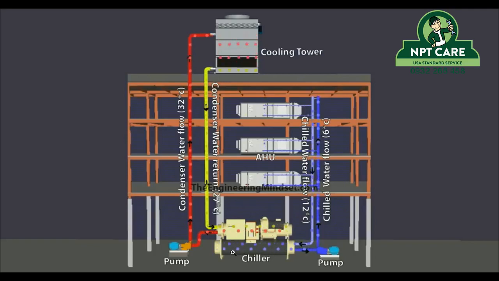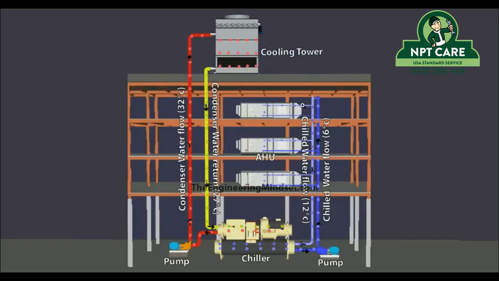So in the chiller, the chilled water which is produced in the evaporator is leaving, you can see here, at about 6 degrees Celsius. And this centrifugal pump here is then pushing that water around the building, where it enters into these AHUs that collect up all the unwanted heat within the building.